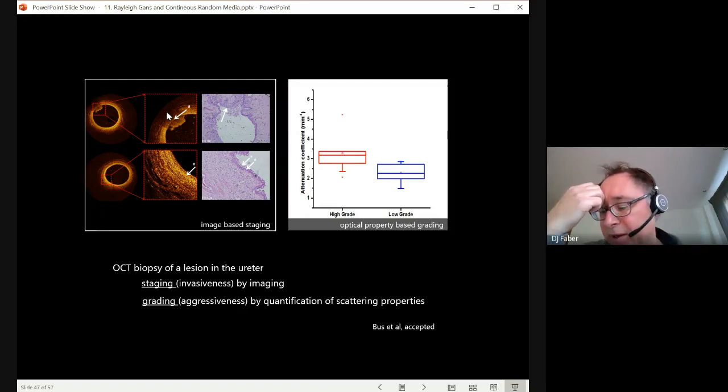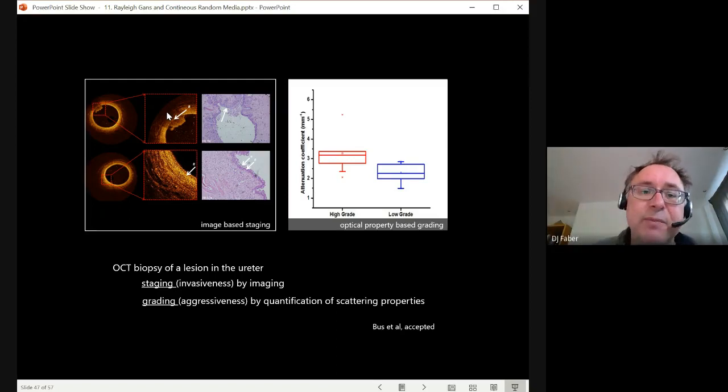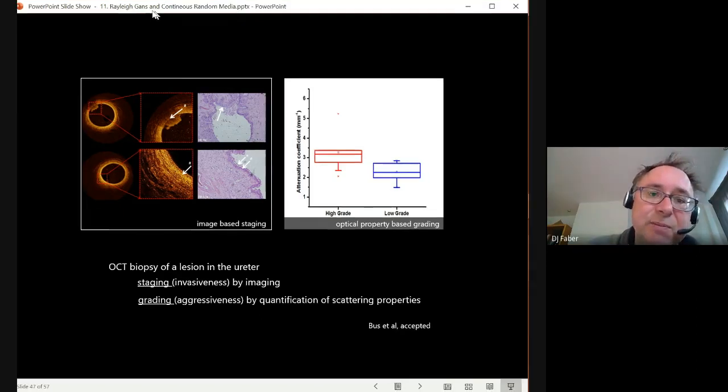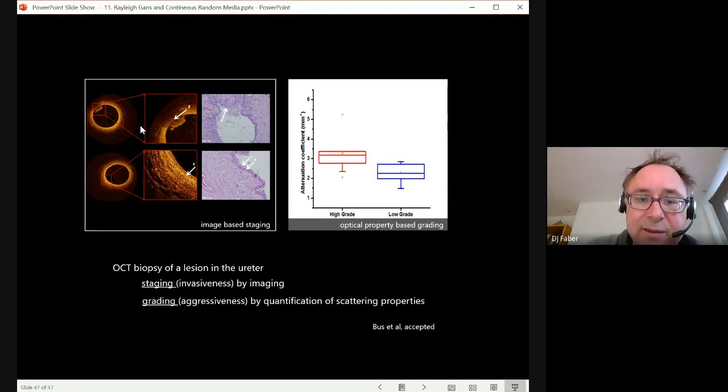Once a tumor breaks through, if it grows through the basal membrane, then the risk of spreading becomes very high. If it is not through the basal membrane yet, then usually an intervention can be done, and the outcome is very good. So one of the holy grails, one of the things that we would really like to see on these images, is whether or not the basal membrane is still intact.